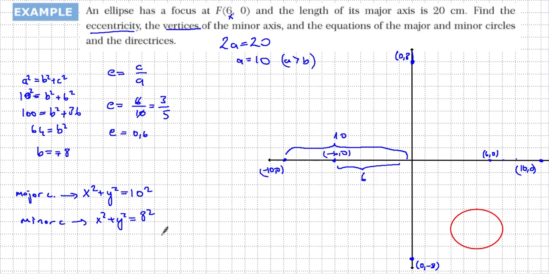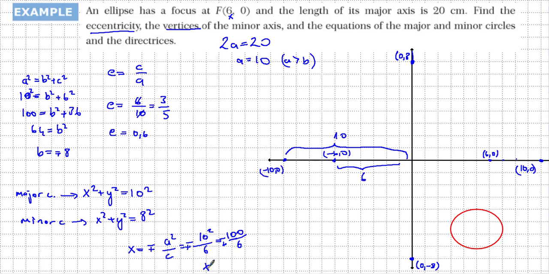Okay, the directrices we are going to find. The x value is equal to plus or minus a squared over c, which is plus or minus 10 squared over 6, which is 100 over 6, outside of the plus and minus.